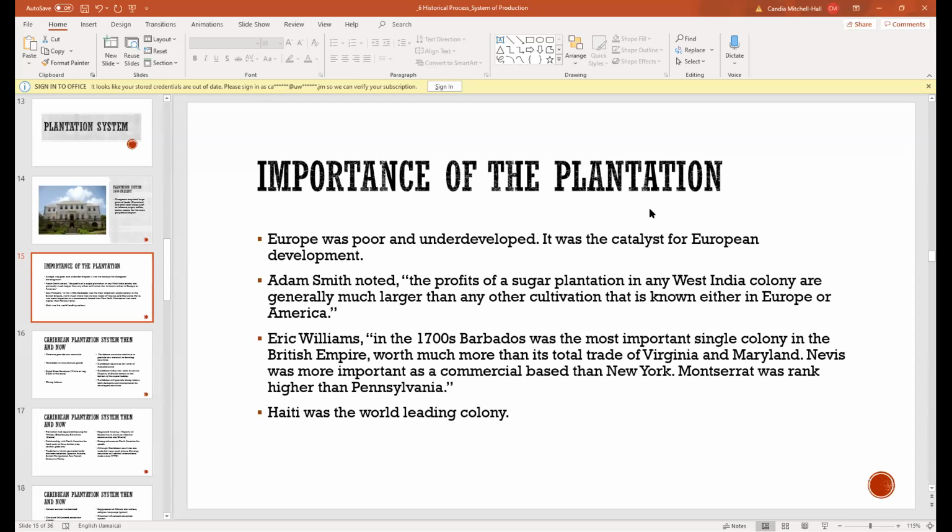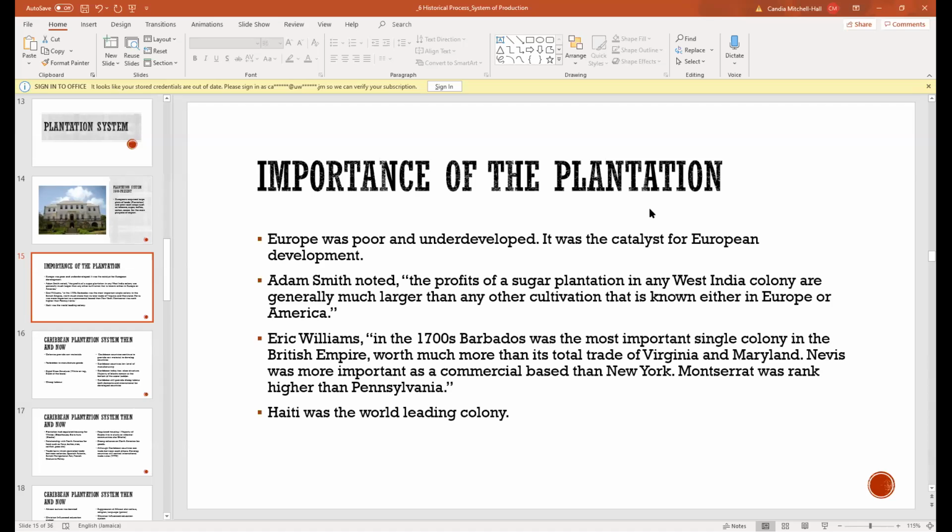The profits made from the plantations in the Caribbean alone were way larger than what other cultivations made in Europe or in the United States. Well, they never had the United States then, but the North American colonies.